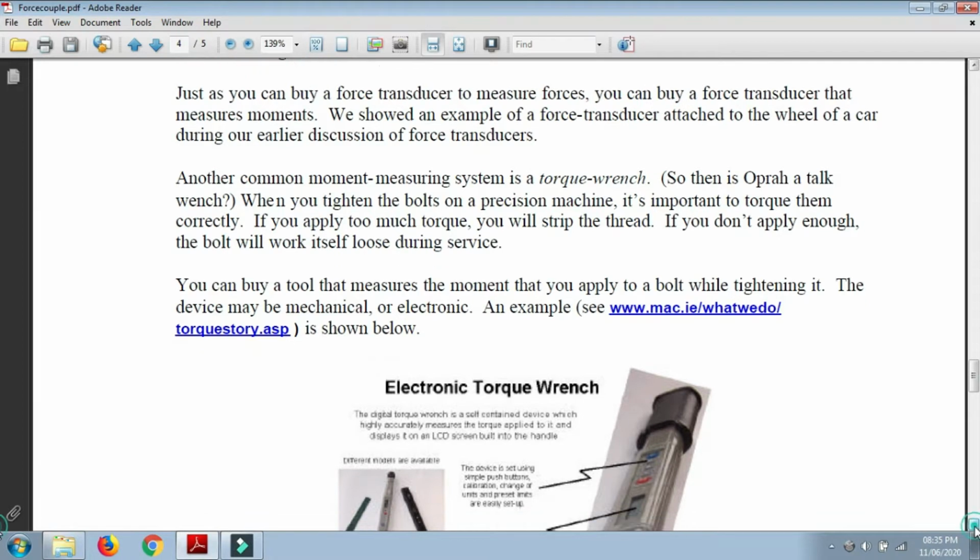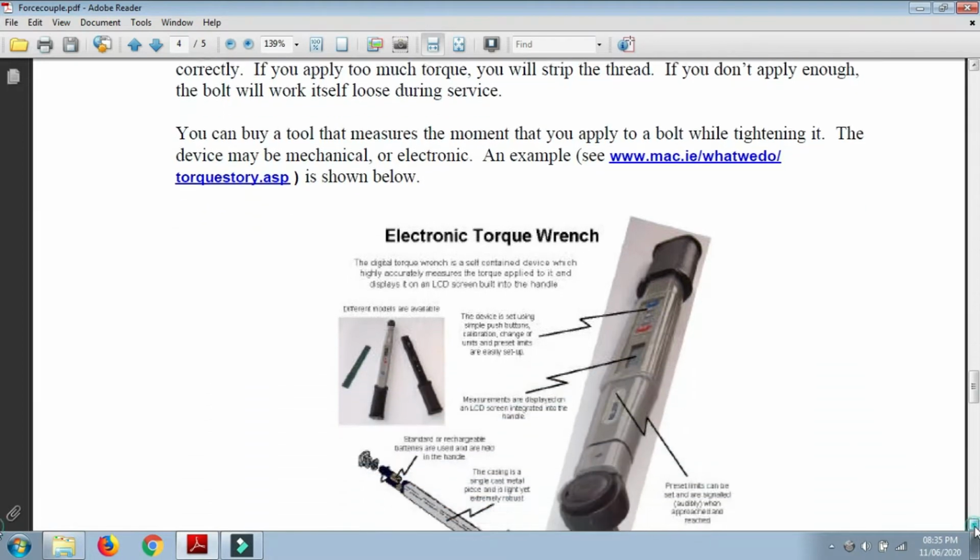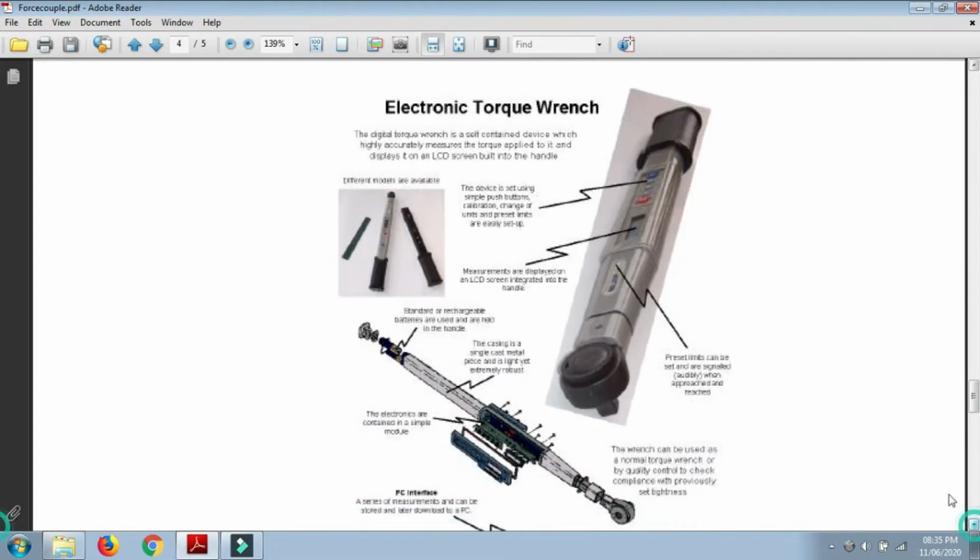So how does that device look? Here is a wrench, but it is an electronic torque wrench. What does it do? Just apply it to your bolt or wherever you are applying the torque, and there is a digital output. You will get the torque over here, so this is an electronic torque wrench. Just remember it in your future endeavors.